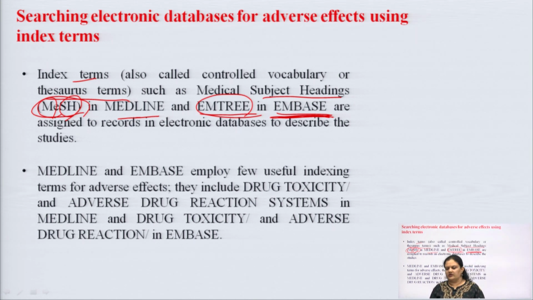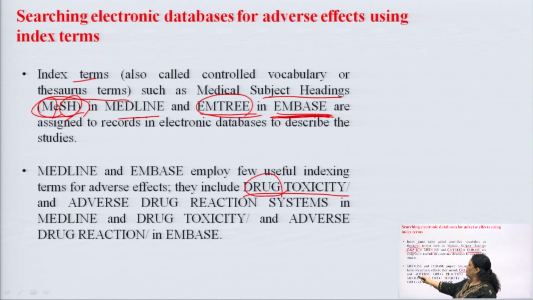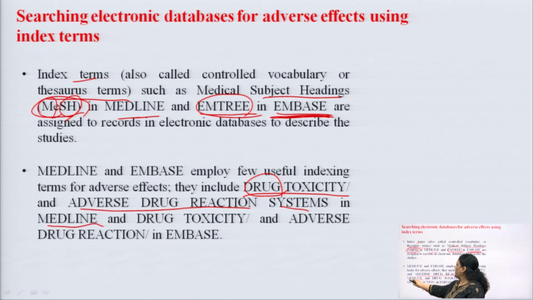They also include terminologies like drug toxicity. Toxicity means the toxicological, unwanted adverse effects of that particular drug. In the terminology of the adverse drug reaction system in Medline, and in the case of Embase, you will find drug toxicity and adverse drug reaction.